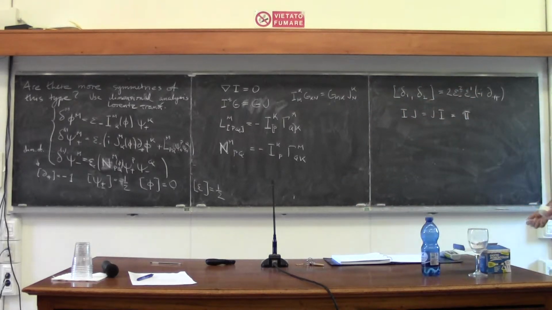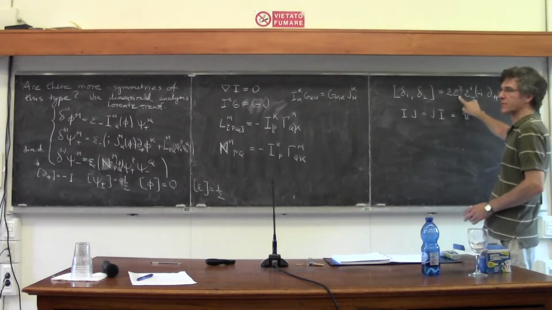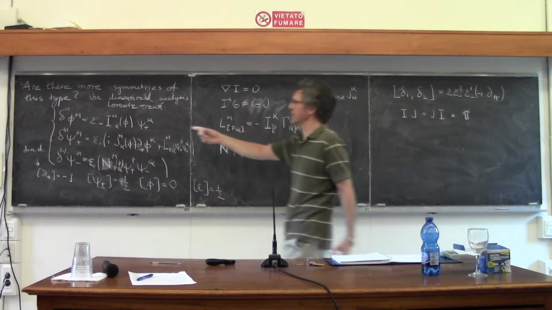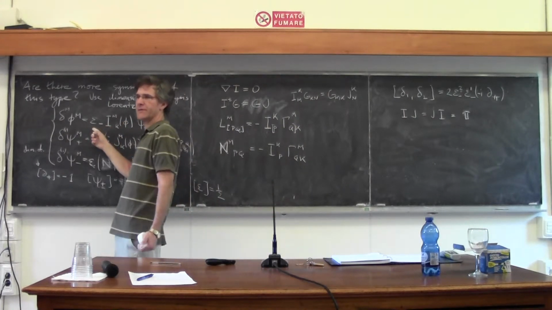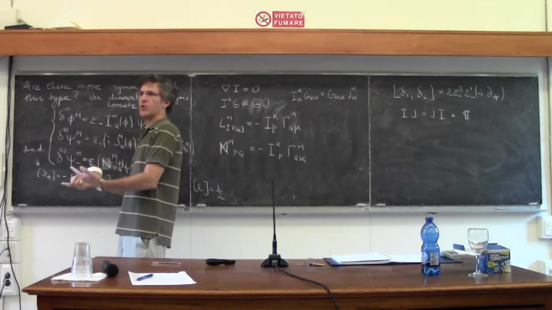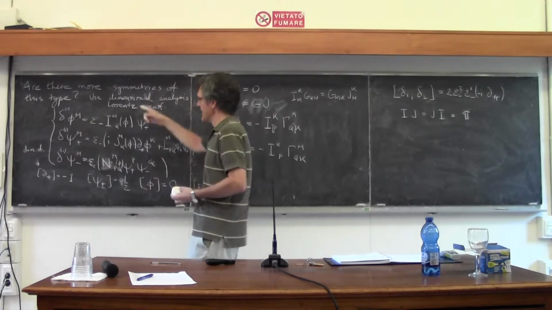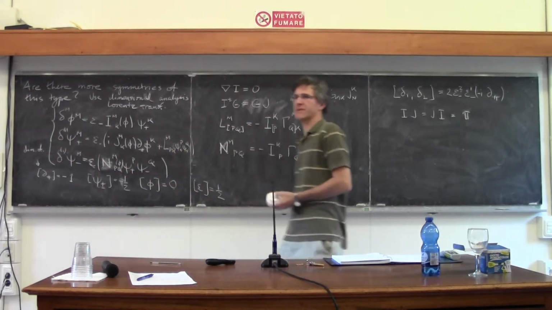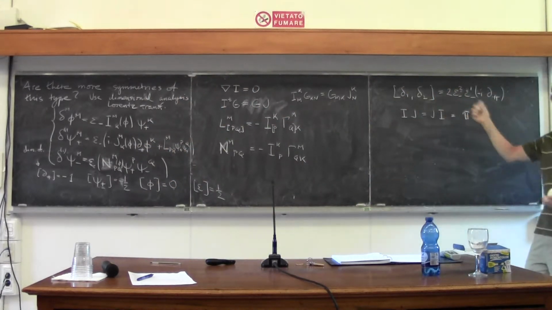Is that epsilon plus and minus or epsilon minus 1? These epsilons are the transformation parameters. Now I'm making two different, for the same minus, the same transformation but two different transformations, and I take the combination.